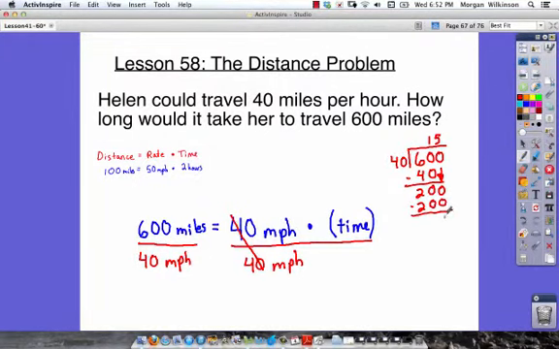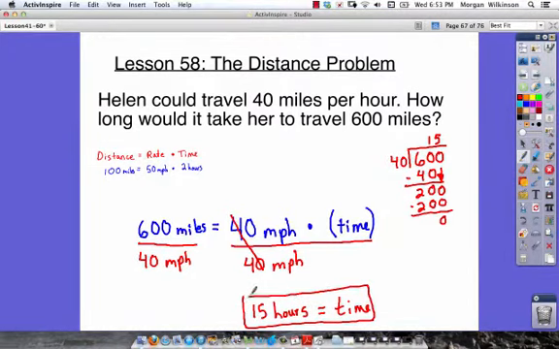We have 0 left over. So our time must be equal to 15 hours. It's a long time. But 600 miles is also a long way to go. So we've got our answer, 15 hours is equal to time.